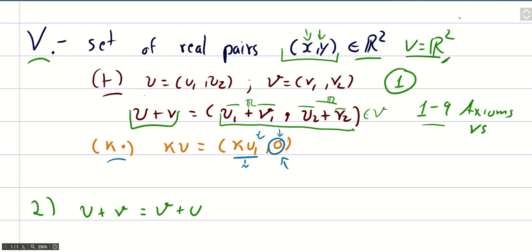And related to the multiplication by scalars, we get that this is a real number, and the second component is always 0, and 0 is also a real number, so this also preserves the structure of the set V. That means that this is also part of V, and therefore it satisfies the sixth axiom. So we have two axioms proved just from the definition of these two operations on the space.